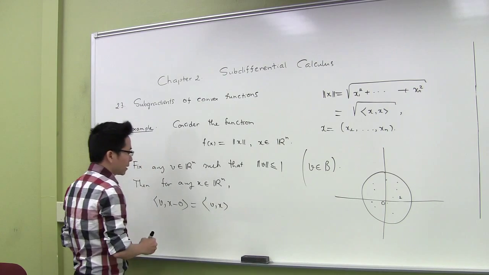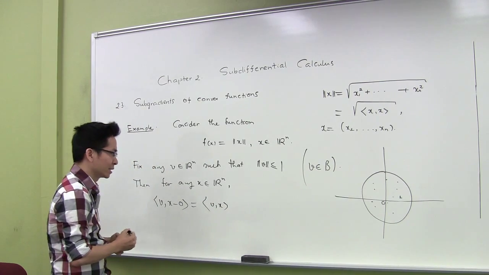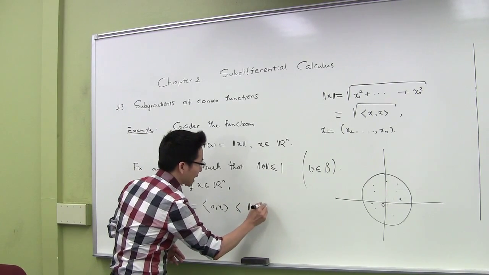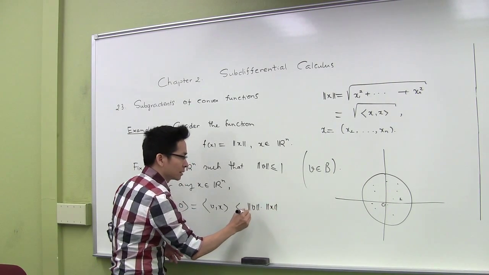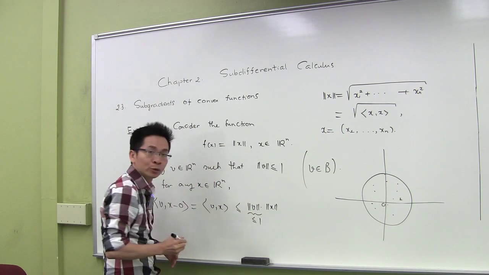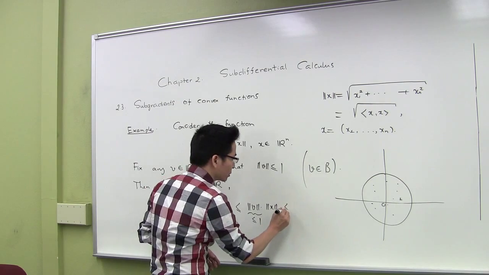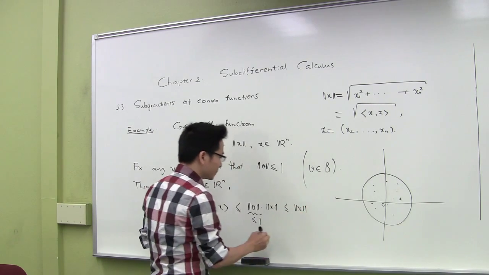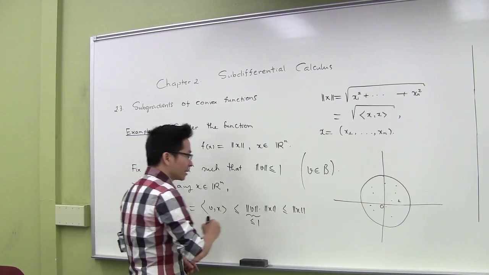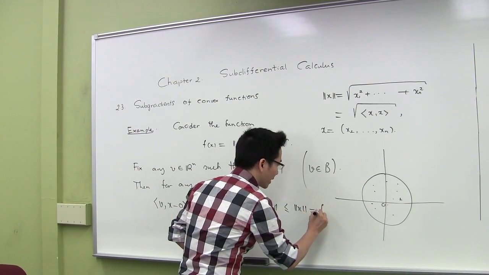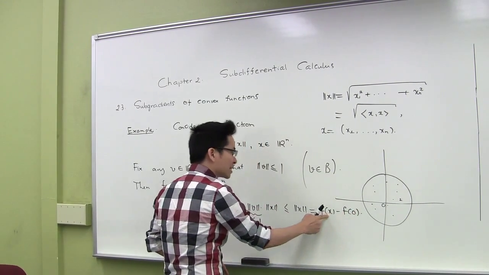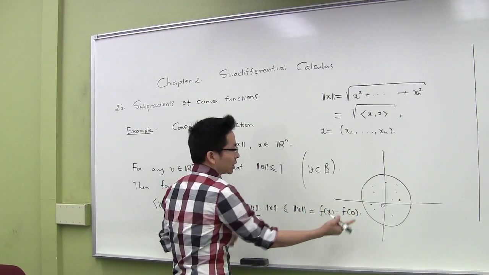And by the Cauchy-Schwarz inequality, this is less than or equal to the norm of v times the norm of x. Note that the norm of v is less than or equal to 1, so this is less than or equal to the norm of x, and this can be written as f of x minus f of 0, because f of x is the norm of x and f of 0 is 0.